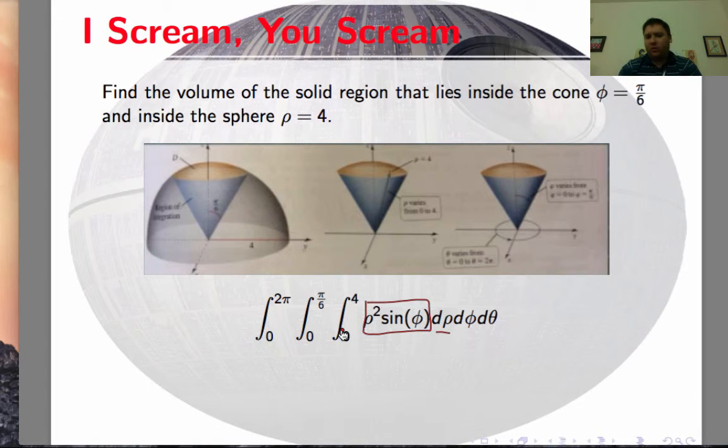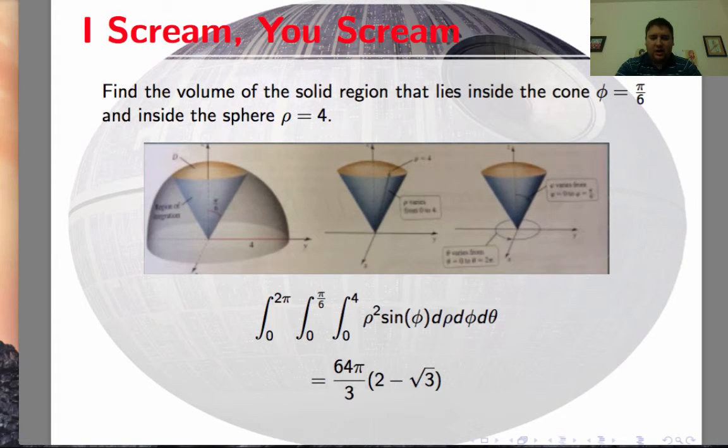And then theta, of course, we're doing a full rotation here. This cone goes all the way around, as does the sphere. So theta is going to range from 0 to 2 pi. And so there's the setup. Again, you can change the order around if you like, but I kind of like this one. Wolfram it or do it by hand if you're feeling particularly crazy.